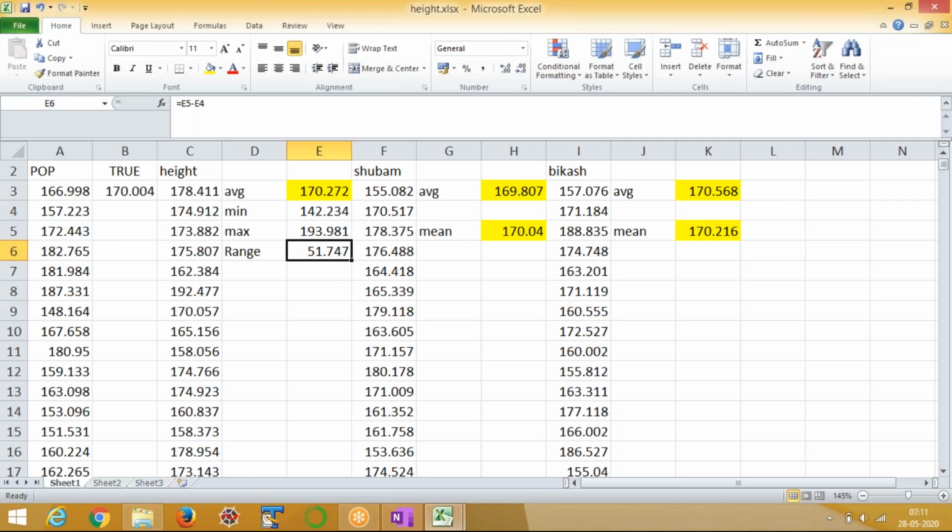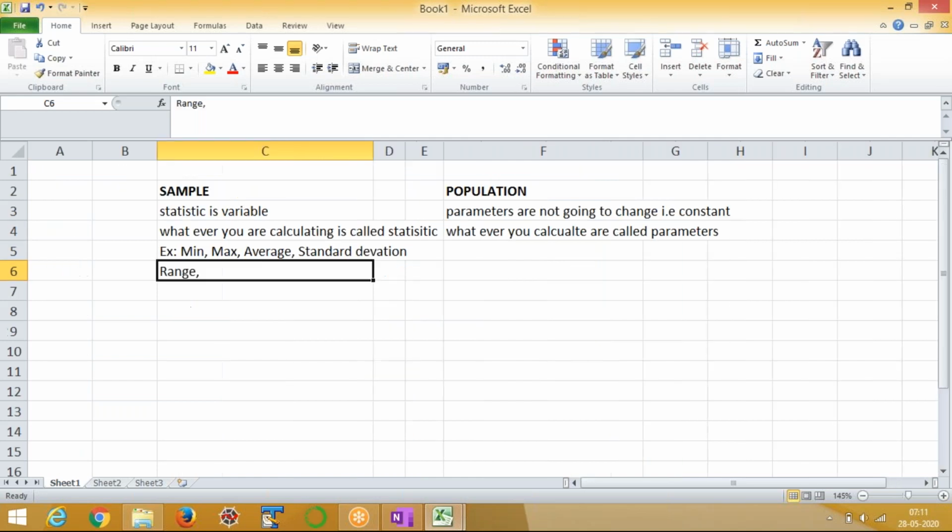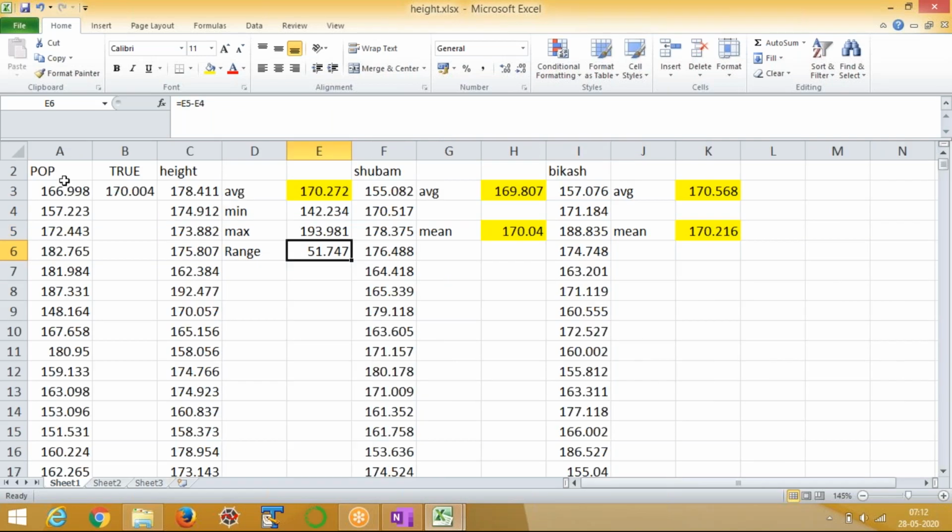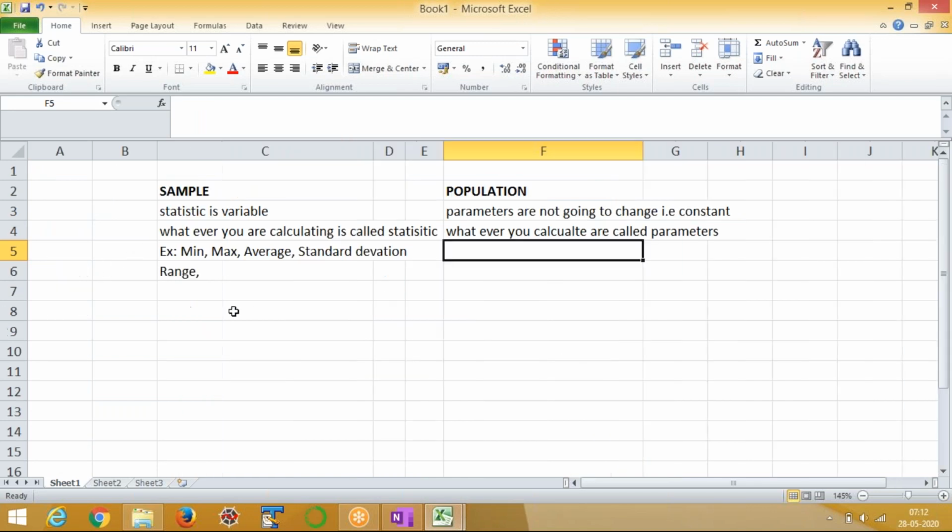Clear? Yeah. There are many things that we can calculate here. But if I calculate the same thing on the population data, will the values change? In the population data, you will have similar values. But with sample data, when I change the person, all your values will change.